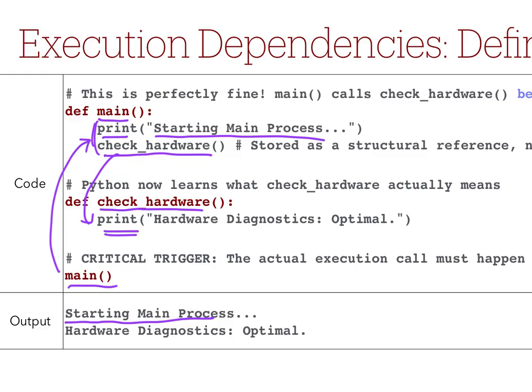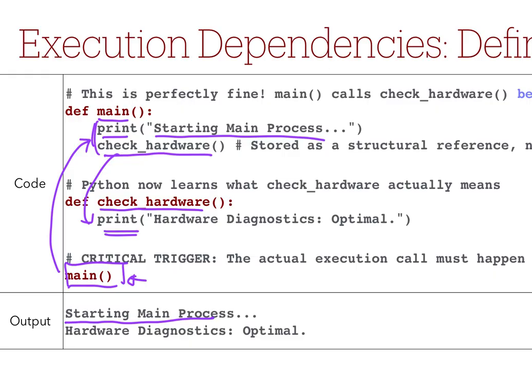So when I call the function main, at that point, the main function must be defined somewhere in the memory. Okay, so at that point, the main function must be defined somewhere in the memory. I do not check the contents of the main function yet.